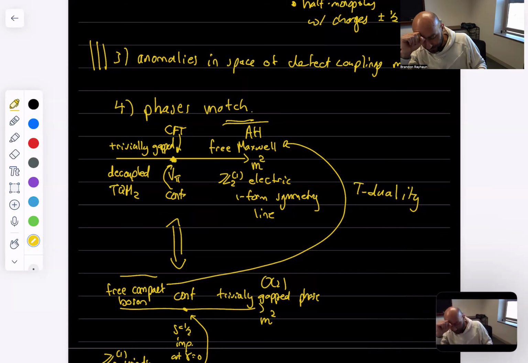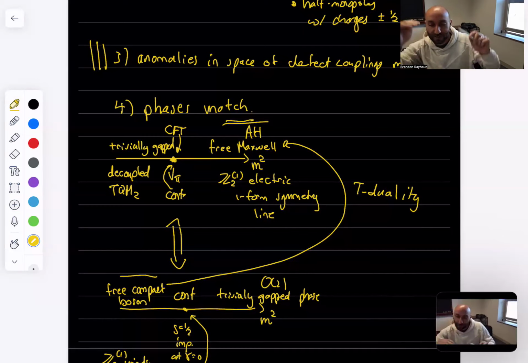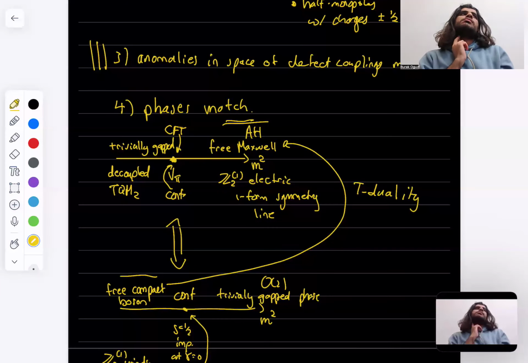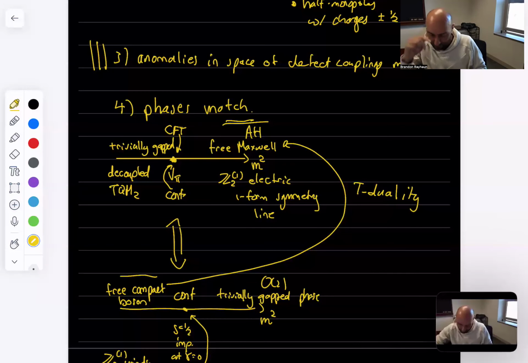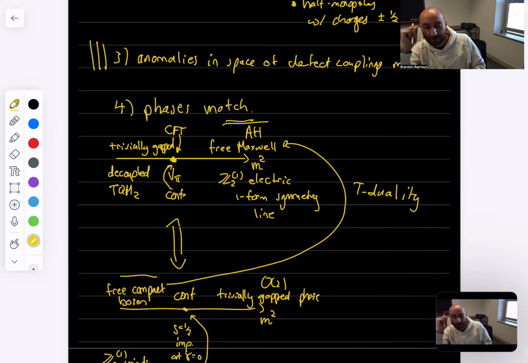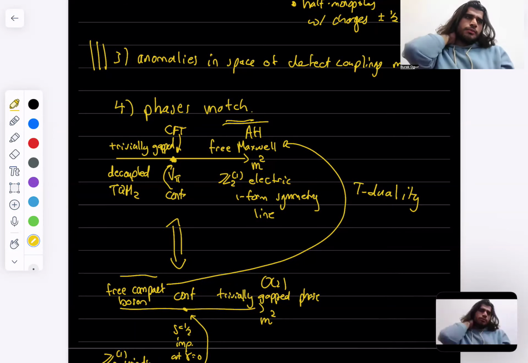And at very long distances, the theory is trivially gapped. So you should think of these solitonic objects as objects that are there when you're not all the way in the IR, but slightly above it. And it's not exactly clear to me that they need to be reproduced in the O2 model, although I'm not 100% sure. So maybe let me think about that and get back to you.